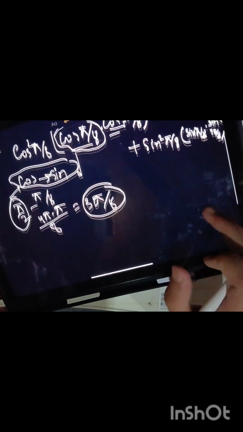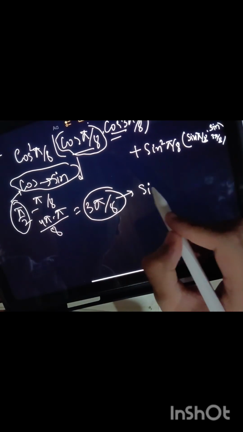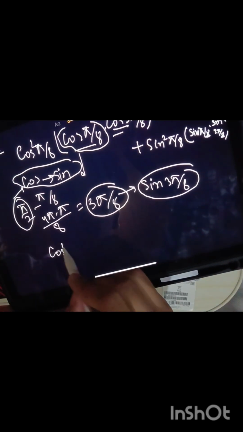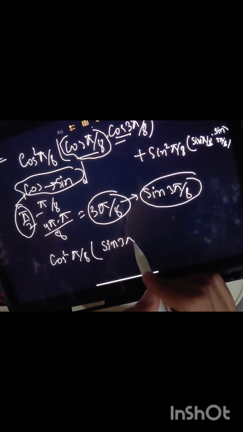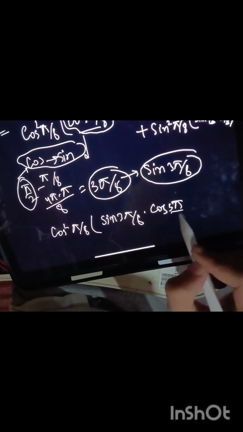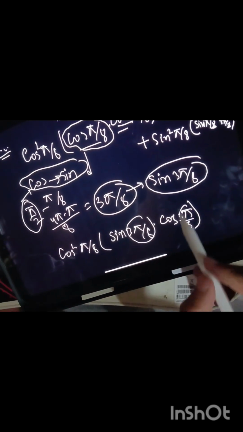So when changing cos pi by 8 into its complement, this becomes sin 3 pi by 8. So this will be cos square pi by 8 multiplied by sin 3 pi by 8 multiplied by cos 3 pi by 8. Basically what I'm trying to do is make it an identity, since you can see the same angle x and x.